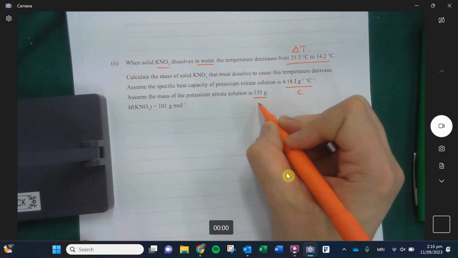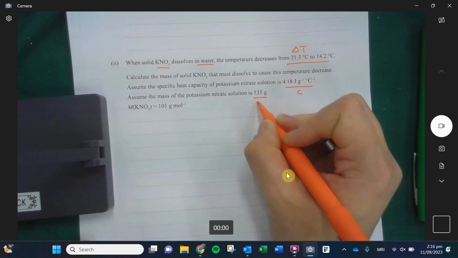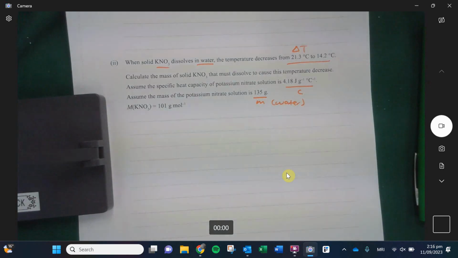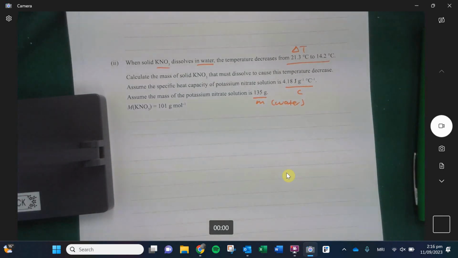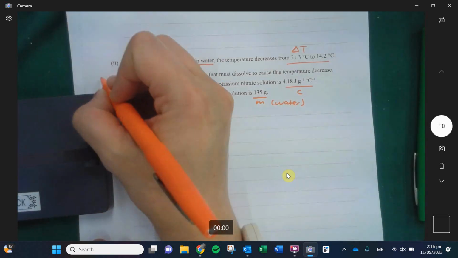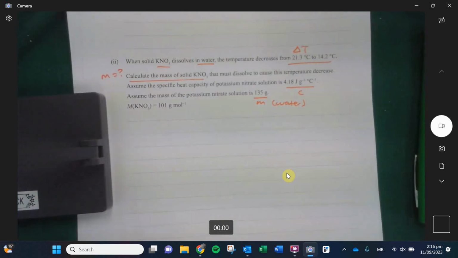So that is going to be the mass of the water. Remember, we want to keep everything in check. This is a slightly different question because they've ordered it a different way. What they're asking for as the unknown is the other M, which is our question mark, the mass of whatever is being dissolved.